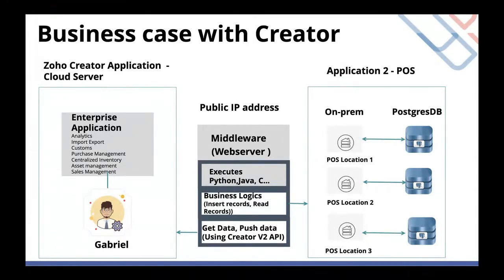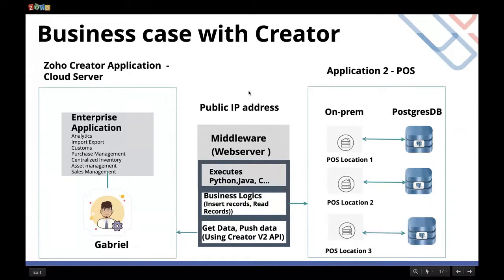There are different ways to do it. One, place this middleware, that is the application server, on a public IP address, and use this public IP address whenever you have data to be pushed from Creator to the local databases. You have a seamless communication, from Creator to local and from local to Creator.